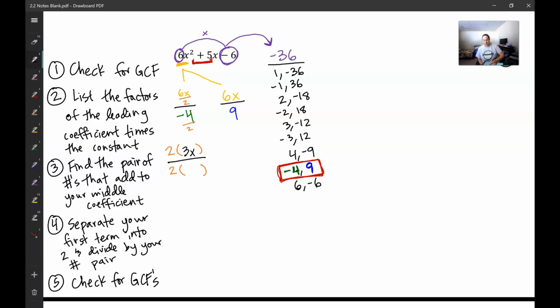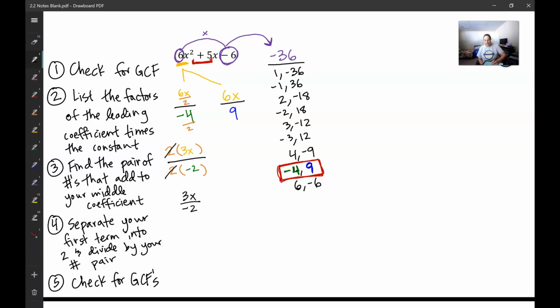And when I do negative 4 divided by 2, I'm left with a negative 2. Now, notice this. I have the same thing on top and bottom. I have those 2's on top and bottom. So since I have a 2 on top and a 2 on bottom, I can cancel them out, and I'm left with a 3x over a negative 2.